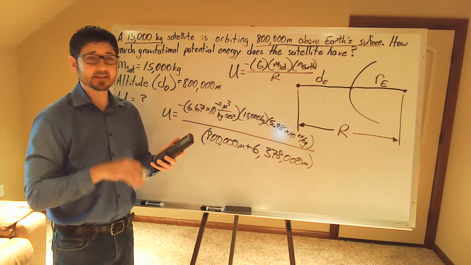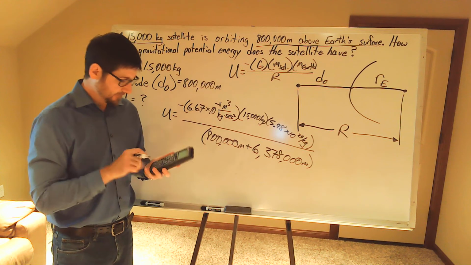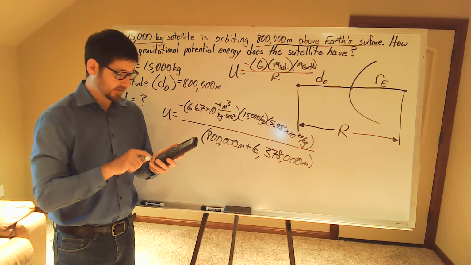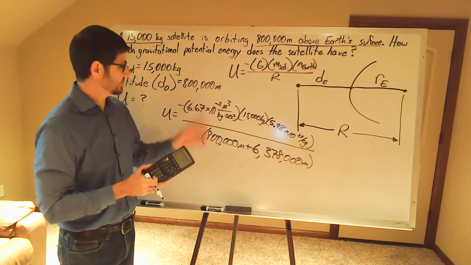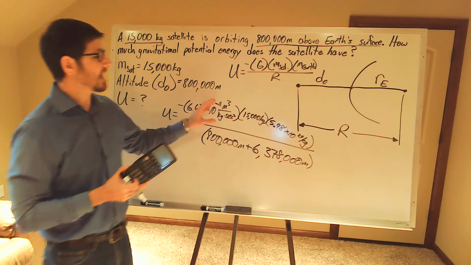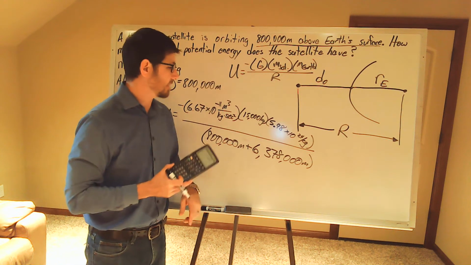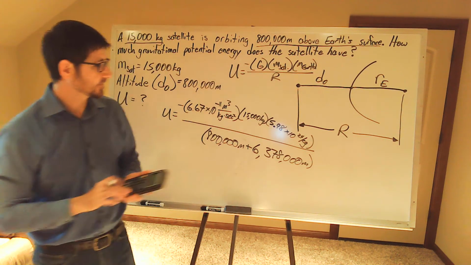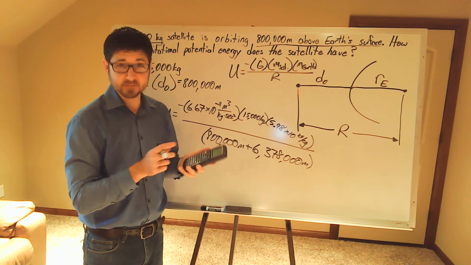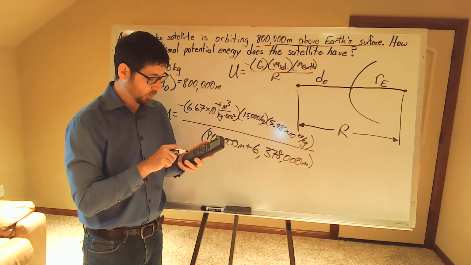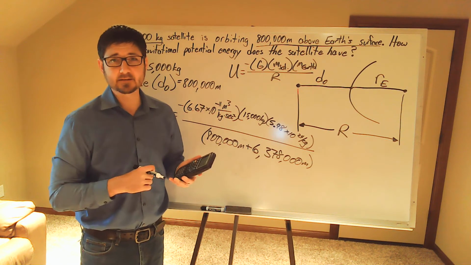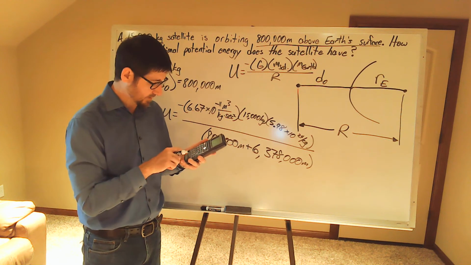Then I'm going to multiply that answer by 5.98 times 10 to the 24th, using the second function for the EE.